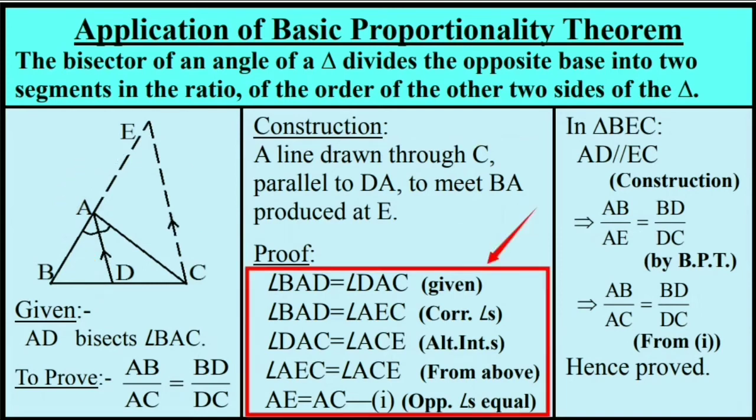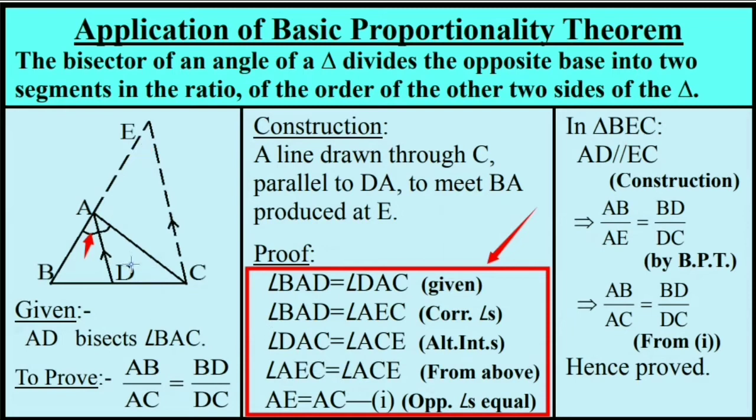In the solution, the first part is to prove AE is equal to AC. You observe the statements here. The first statement is angle BAD is equal to angle DAC. Next, angle BAD is equal to angle AEC, corresponding angles, because AD is parallel to EC.